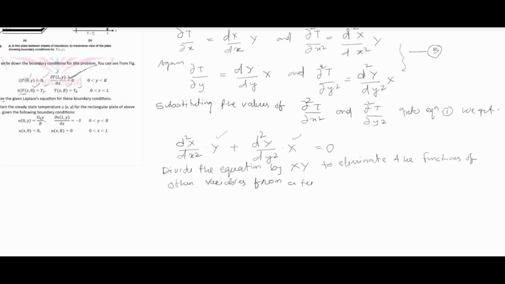When this term is divided by XY, Y will be cancelled, and we will get 1 by X d square X by dx square plus 1 by Y d square Y by dy square equal to 0.